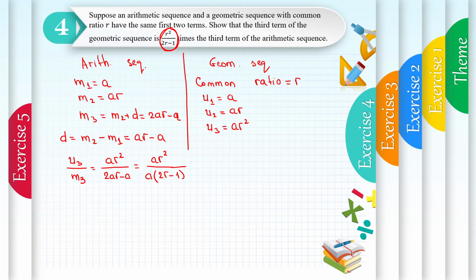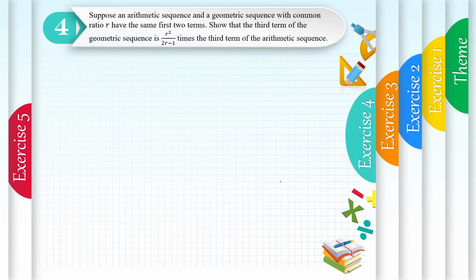Simplifying a and a, we get the answer r squared over 2r minus 1, the thing that we had to prove. So, in this way, we solved exercise number 4. Let's move to exercise number 5.